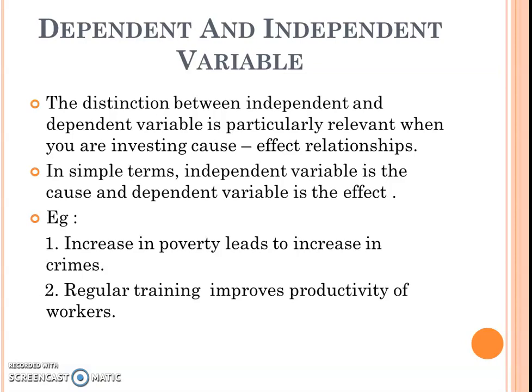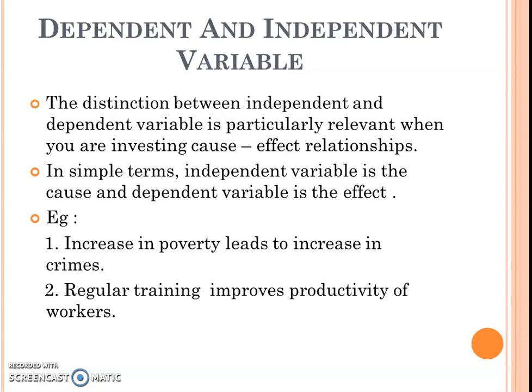These are two scenarios. The first is increase in poverty leads to increase in crime. We can see two kinds of variables here, poverty and crime. In this statement, we can directly see that one thing is independent and the other is dependent.